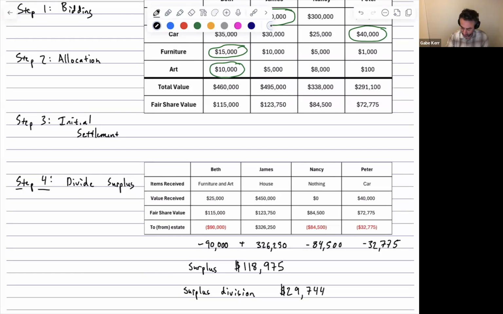So this is equal to the surplus divided by the number of players, 4. Great. So we calculate this number, and the estate, in principle, would return that divided surplus back to each and every one of the players, just equally.